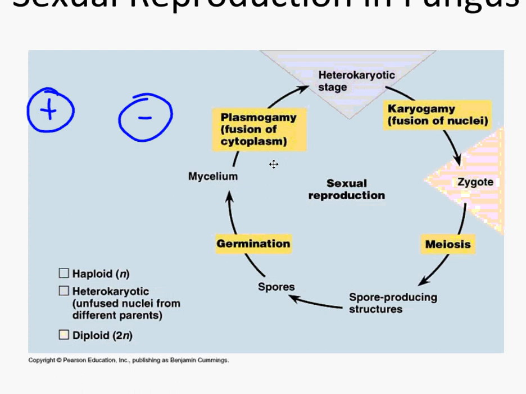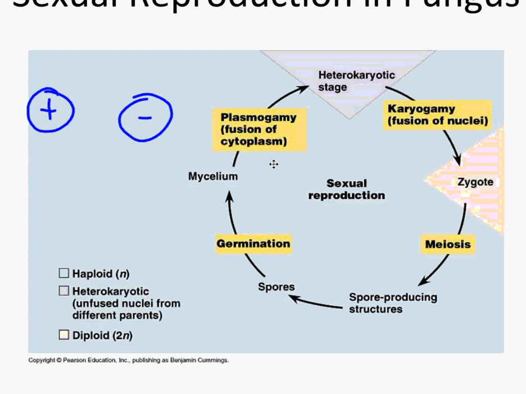Not really male, female, in that they don't have those sorts of characteristics, but they do have a difference between the two types of haploid cells. And the good thing about haploid, again, is it can quickly reproduce through mitosis to get into the environments that they're trying to get into very quickly. Fungi are decomposers, and so they find a dead thing. They spread out into that dead thing as quickly as possible to get all the resources.